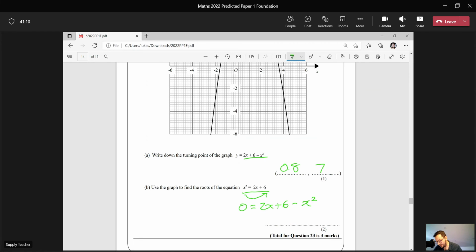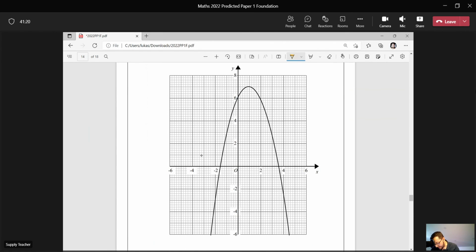And now that's exactly the same. So what we're looking at is we want y to be 0. So y is 0 is this whole line here, and you're just finding the 2 points where it crosses that line.